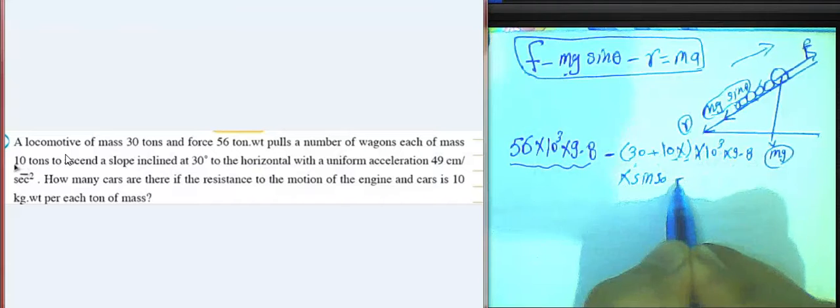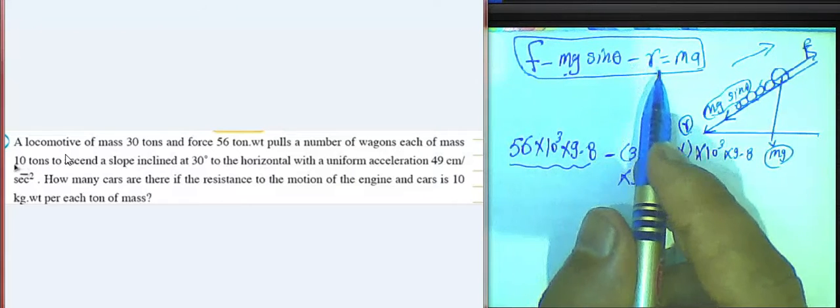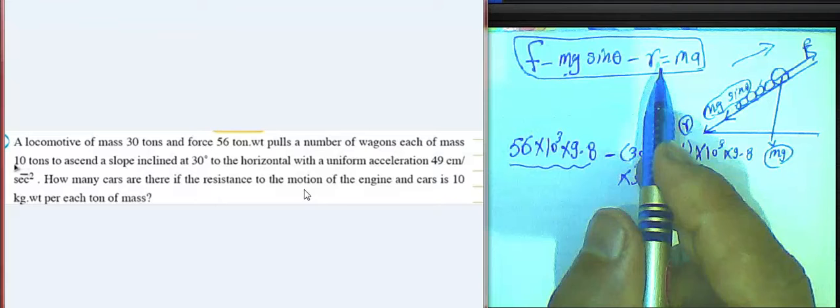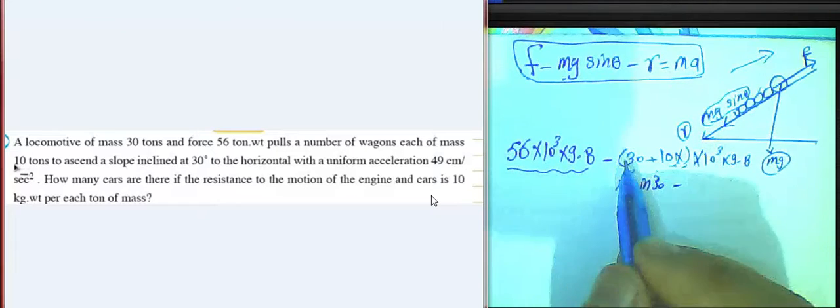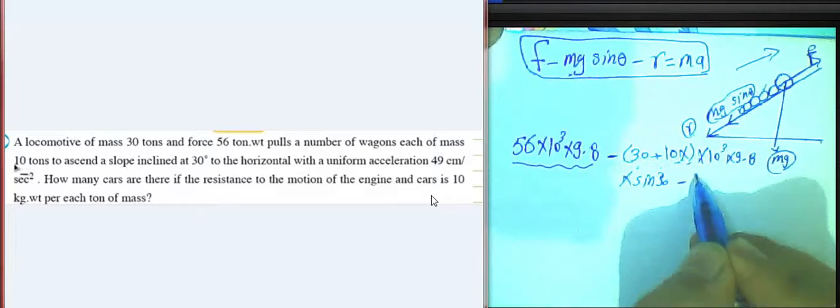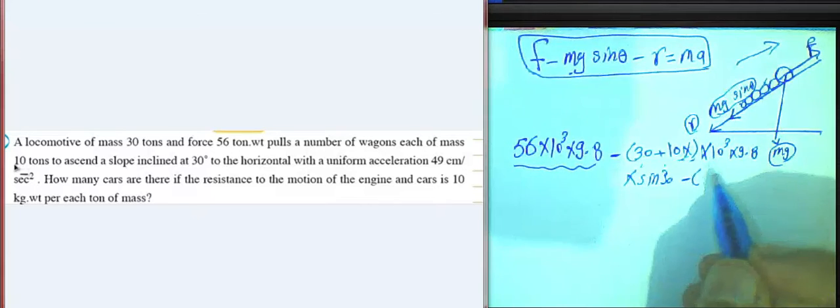Okay, complete with me. Subtract R. What about R? R is the resistance of the motion of the engine and the cars, the total resistance. We can write what he told us: it was 10 kilogram weight per each ton of mass. He told us, look here, resistance to the motion of the engine and cars is 10 kilogram weight per each ton.